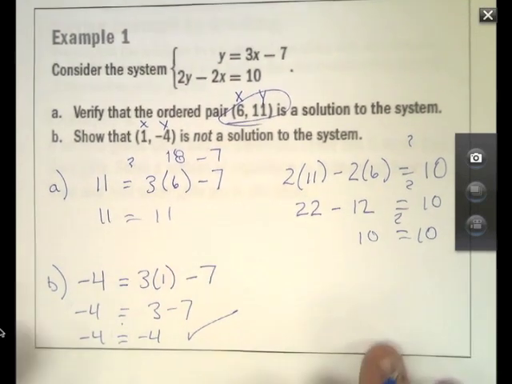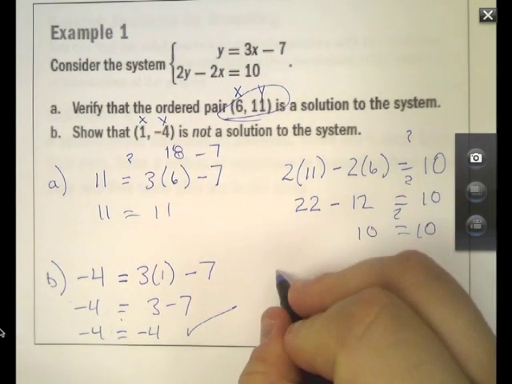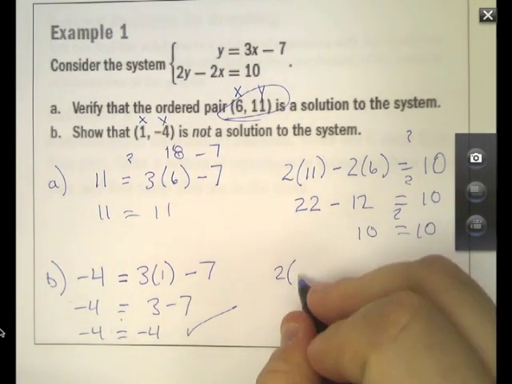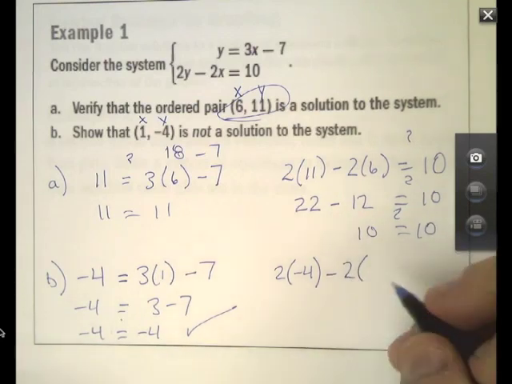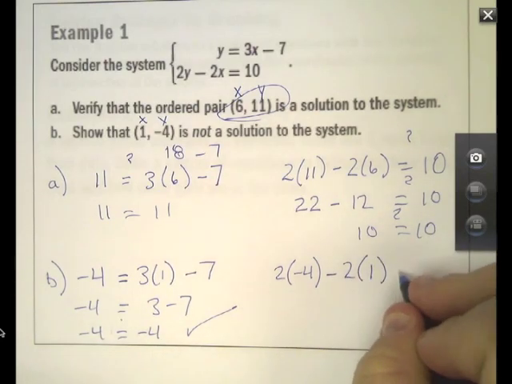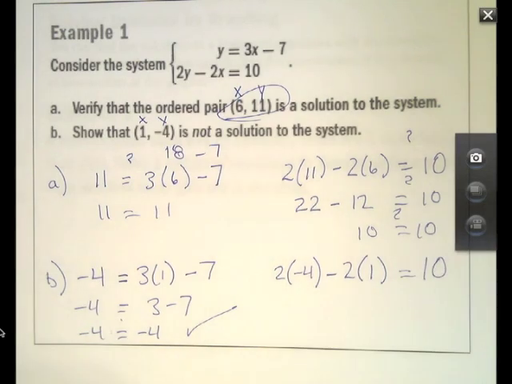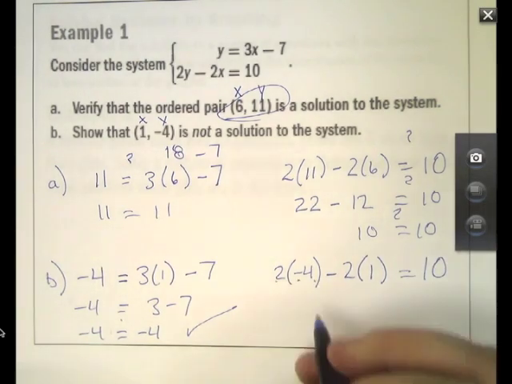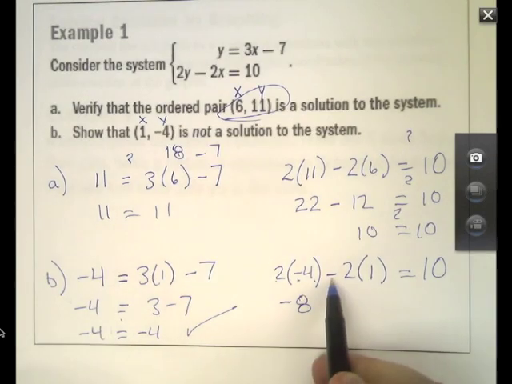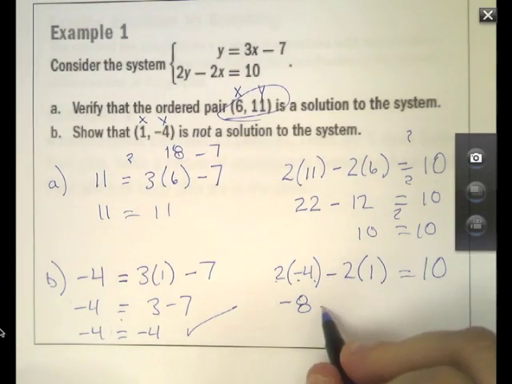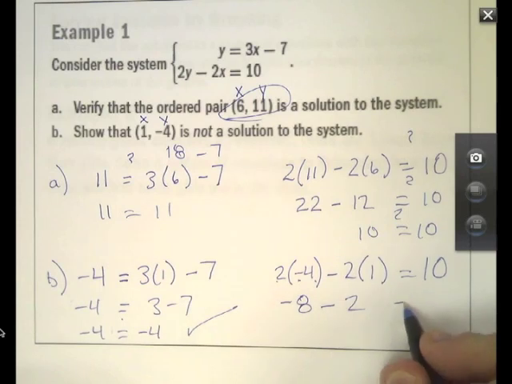Let's try the second equation: 2 times y, which is negative 4, minus 2 times x, where x is 1. Does it equal 10? Well, 2 times negative 4 is negative 8, and then minus 2 times 1 is 2.